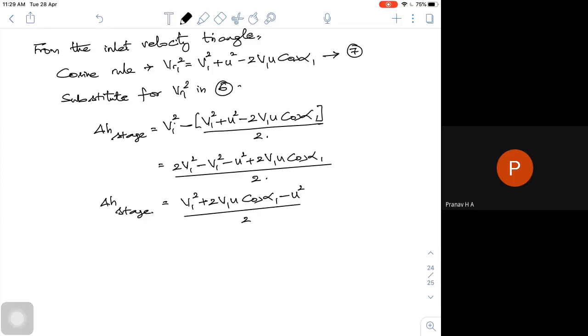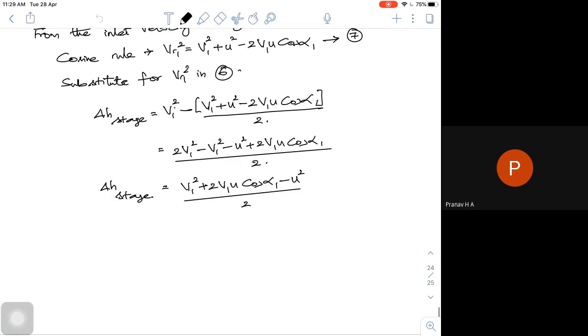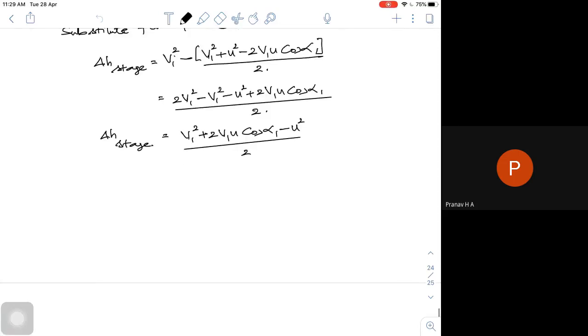Now, is it possible for us to modify this? Yes, we can. We can take V1 square by 2 outside. If I take V1 square by 2 outside, I'm left with 1 plus 2 times U by V1 times cos alpha 1 minus U square by V1 square.